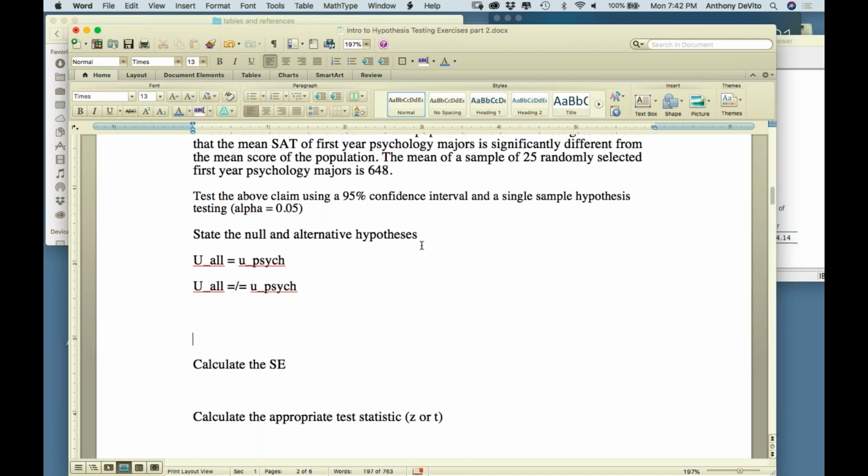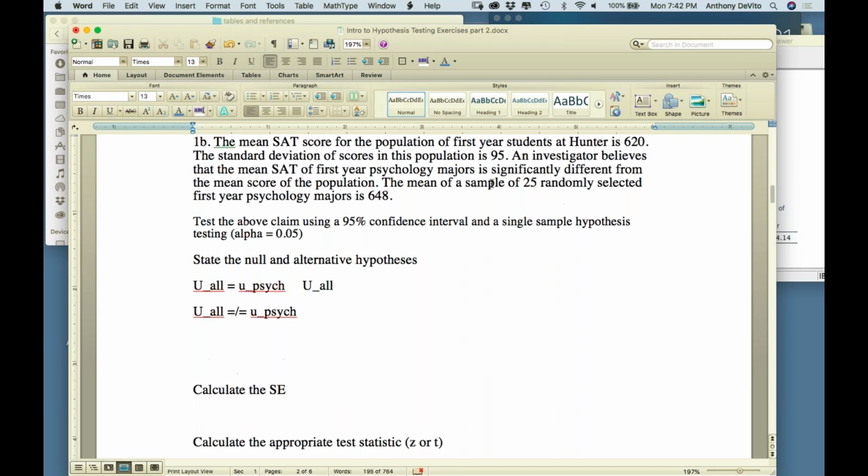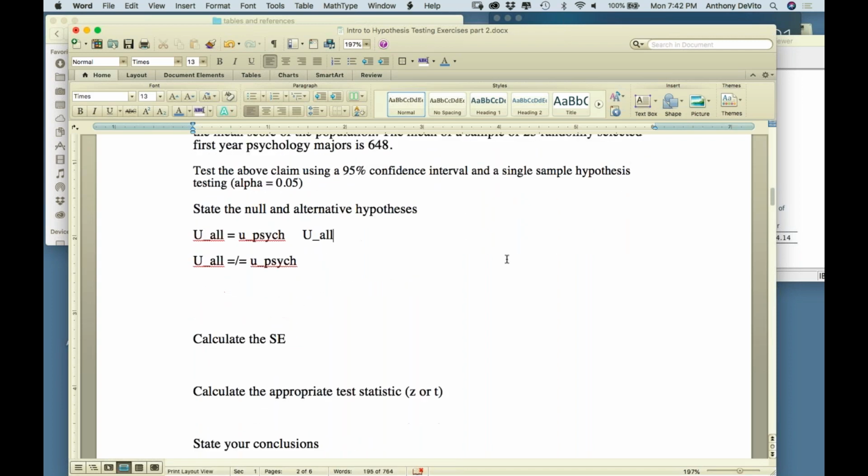Okay, so how are we going to prove this? First of all, number one, what do we know? We know that the mean for all students is equal to 620. Do we know the mean for psych students? The mean for the population of psych students? Do we know what that is? No, we don't, right? We only know what X bar is, right?